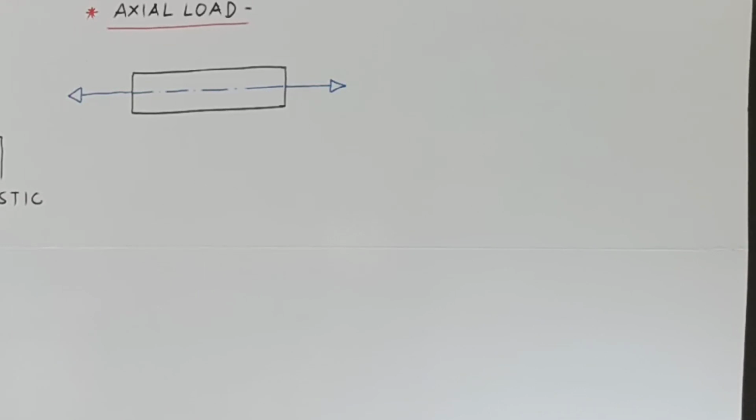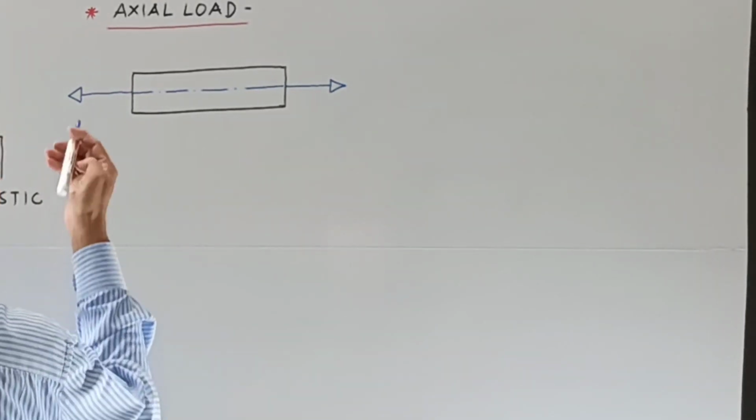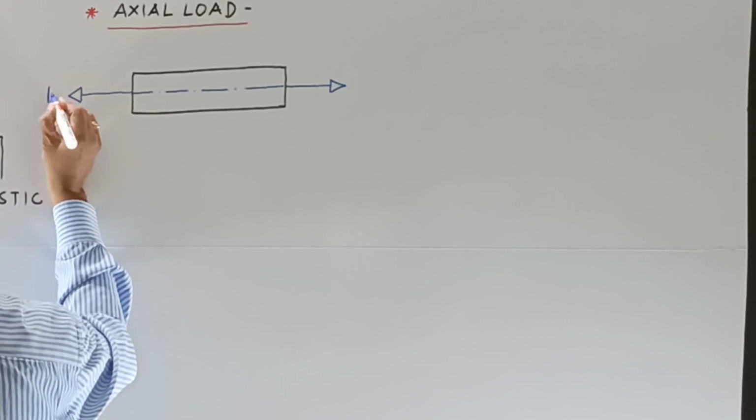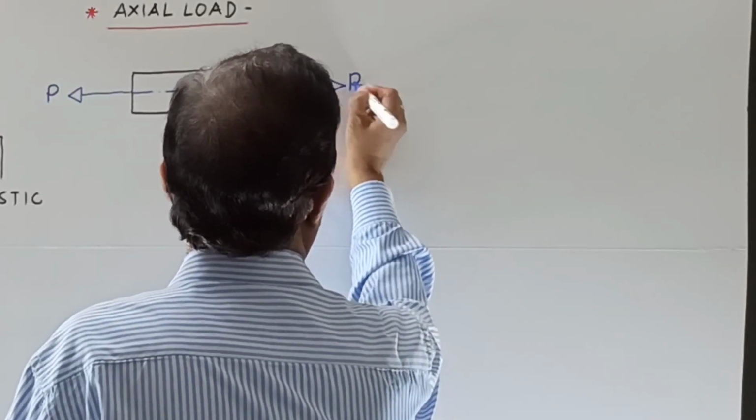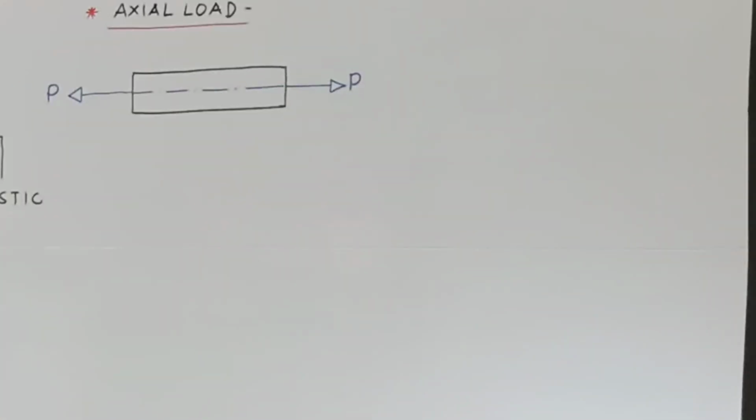You can very easily see that this line of action of this load, say the load is P, is coinciding with the axis of the body. Therefore, it is known as axial load.